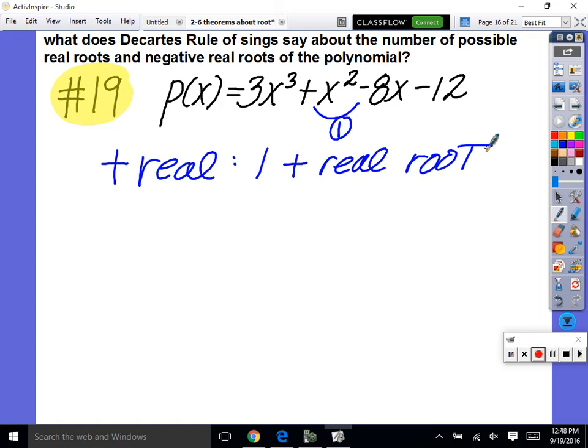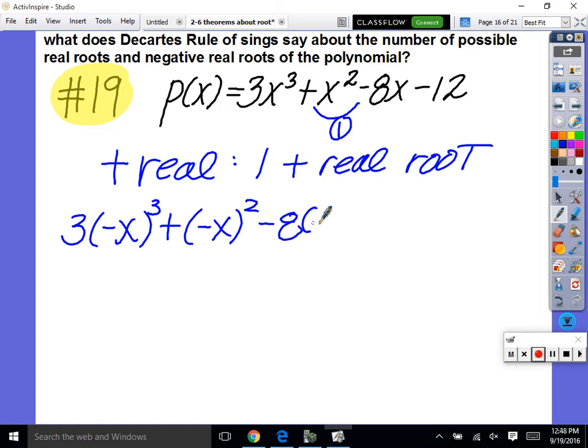Let's see negative. So let's plug in negative x. I'm going to show my work just so we're not confused. So we have negative x cubed plus negative x squared minus negative 8 times negative x minus 12. Careful here. Negative cubed is negative, so negative x cubed, this isn't going to become positive, right?